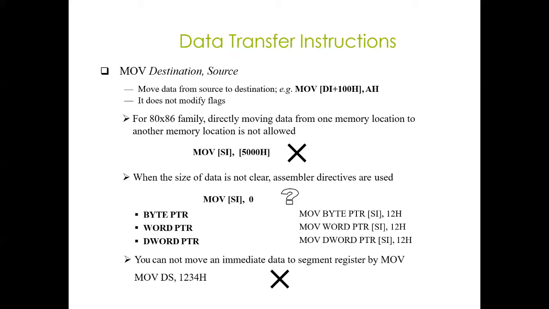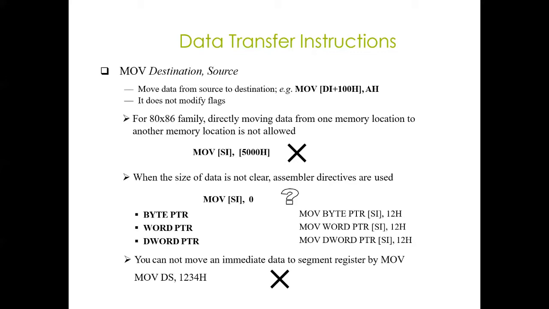MOV MEM, data, in which flags are not affected, and it moves 8-bit or 16-bit immediate data to the 8-bit or 16-bit specified register or memory location. And then MOV AC, MEM, in which again flags are not affected, and it moves 8-bit or 16-bit data from the specified memory location to the accumulator, that is AL or AX register.